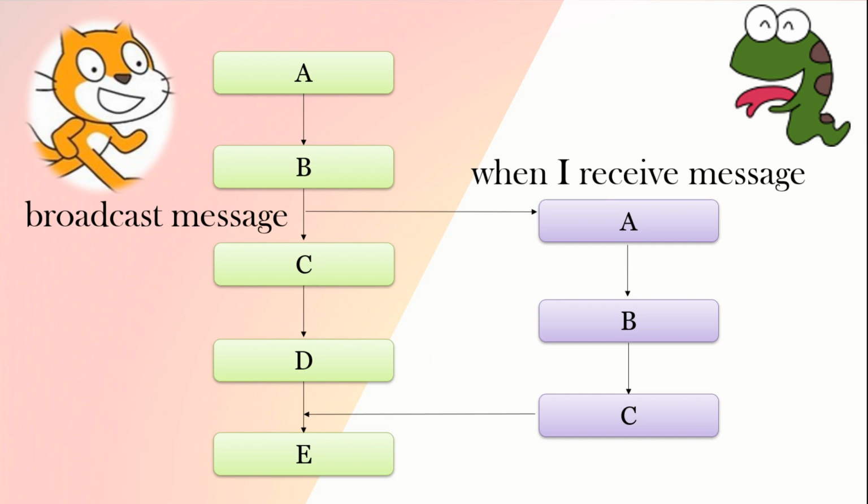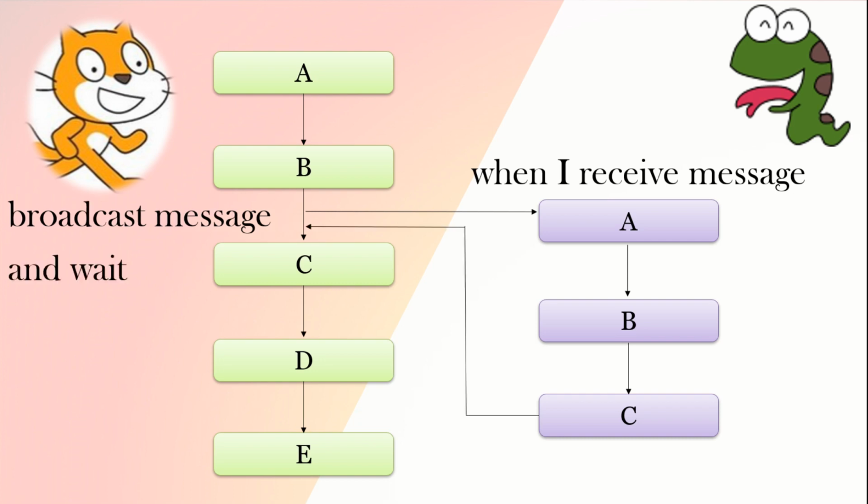Now there is a difference between broadcast and wait. Here, when we run the blocks from the message with the dog, it goes back to the same place. So when the cat blocks are running, instead of carrying on running, they wait until those other blocks from the dog are finished before they carry on.